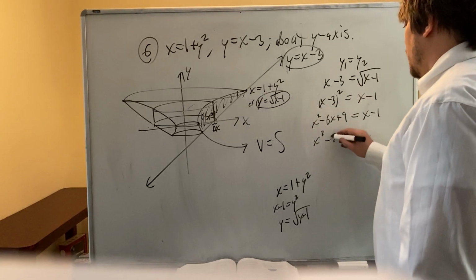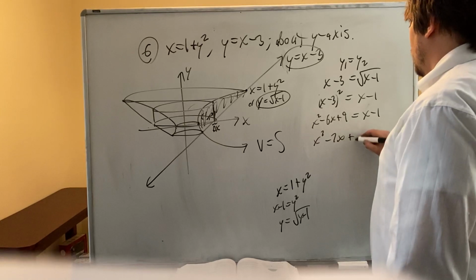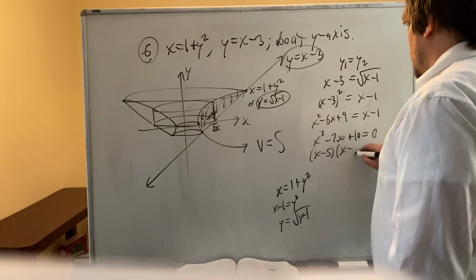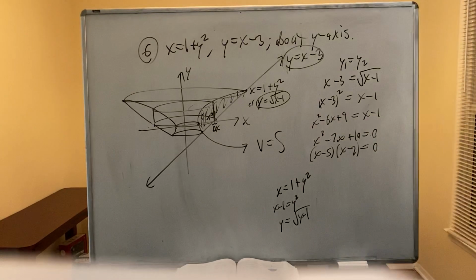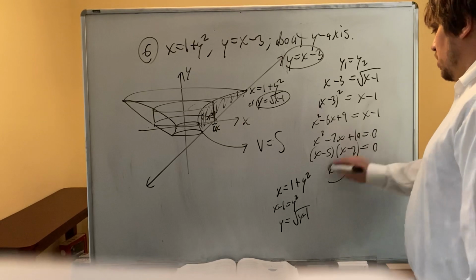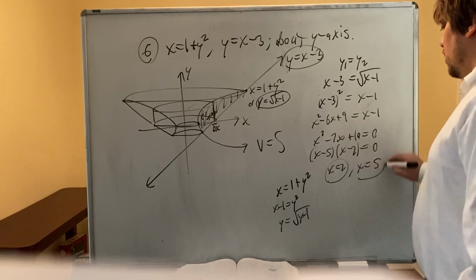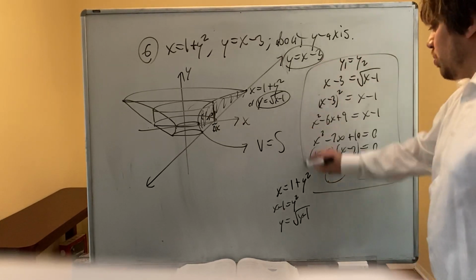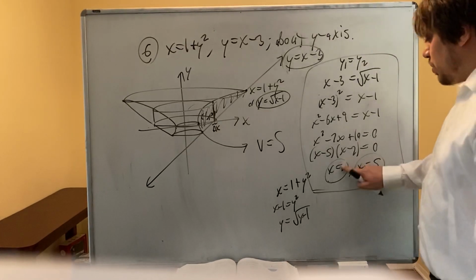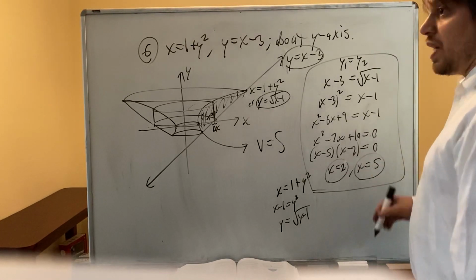X squared minus 7x plus 10 is equal to 0. That's x minus 5 times x minus 2 equals 0. And so that means x either equals 2 or x equals 5. So this is finding the intersection points of the two graphs.